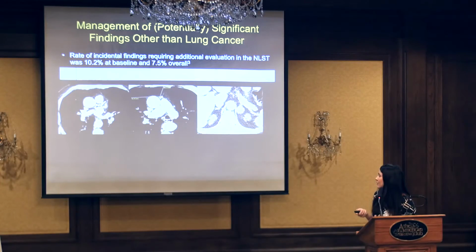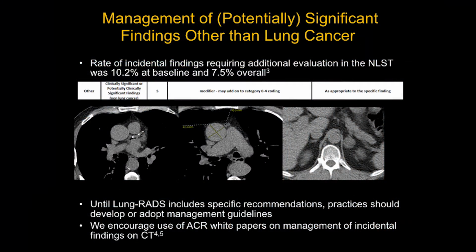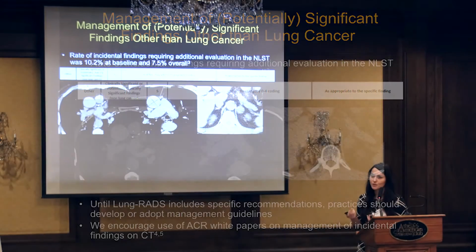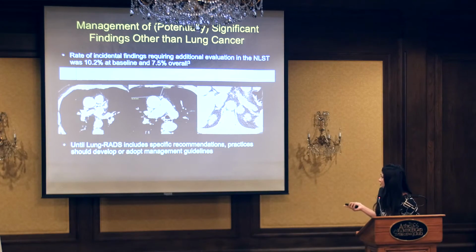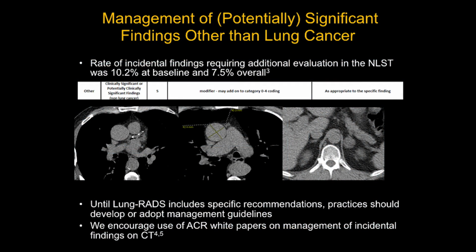And what is important is that you're consistent, and you're going to see this in lung cancer screening trials. 10% of people had other incidental findings. I think we find more, especially coronary calcifications. Almost all the smokers have them. So we think that you should just be consistent and try to develop guidelines for your practice.